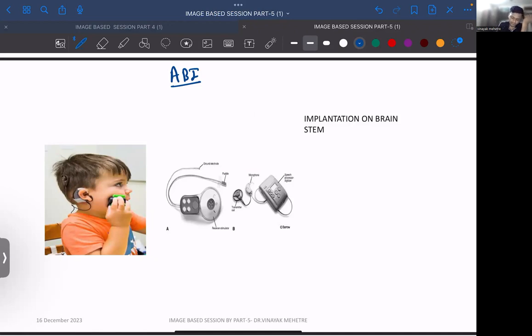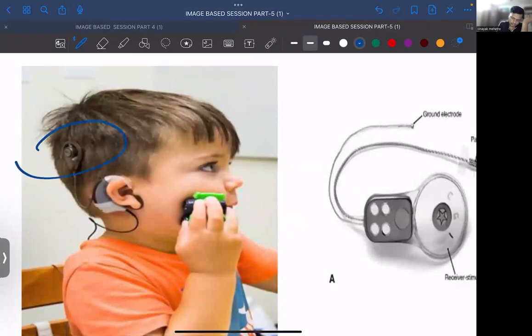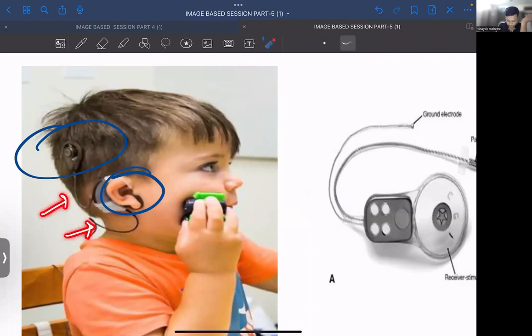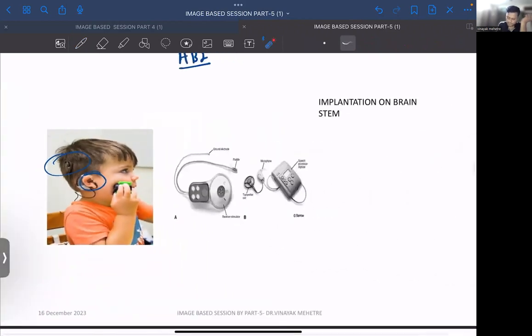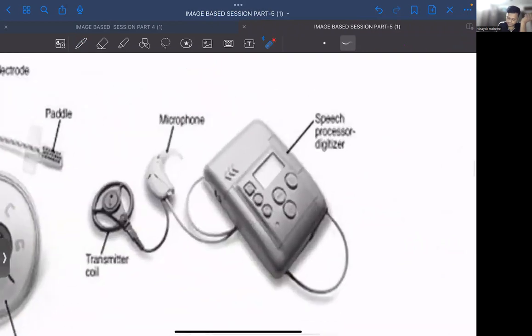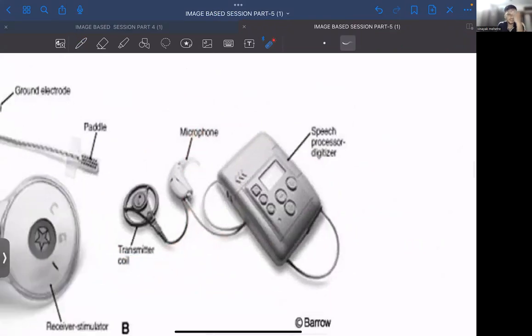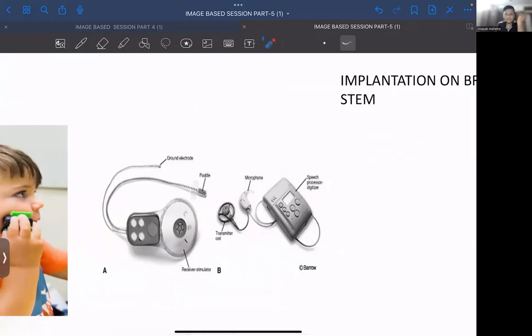An implant with 2 wires. There will be a machine, a microphone, and a transmitter. So an implant with 2 wires is called ABI. Where will we use it? Implantation on the brain.